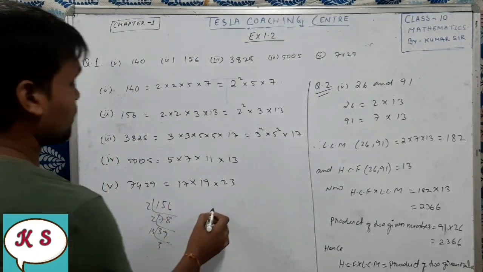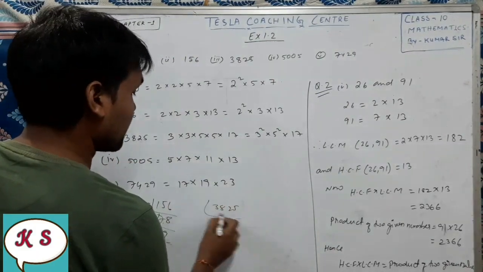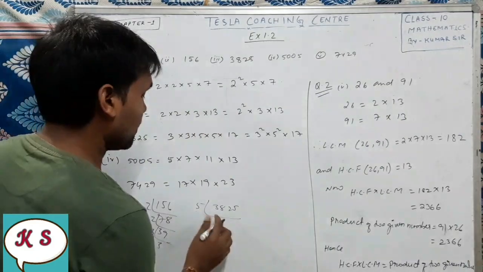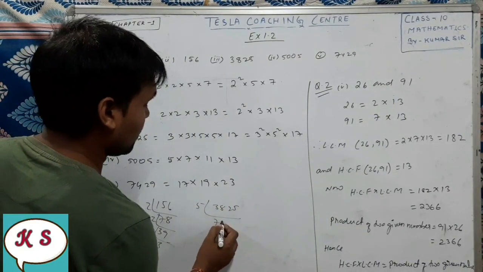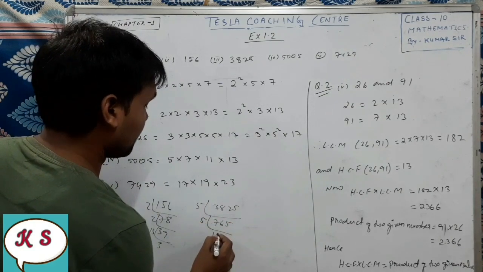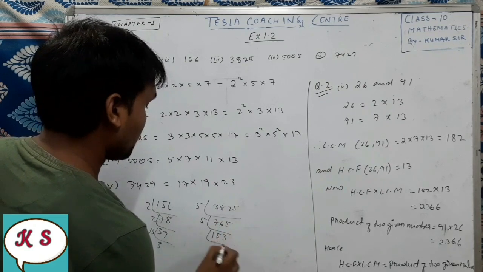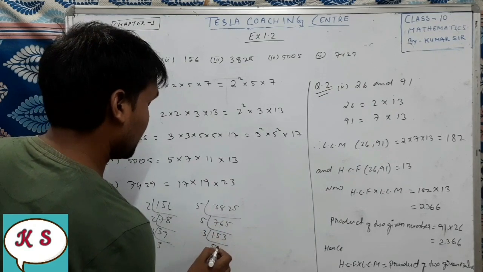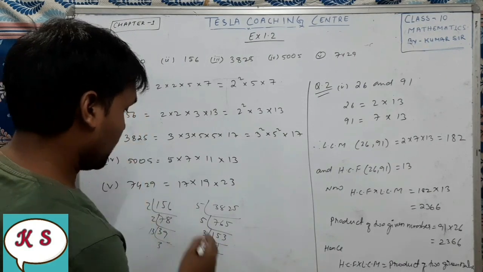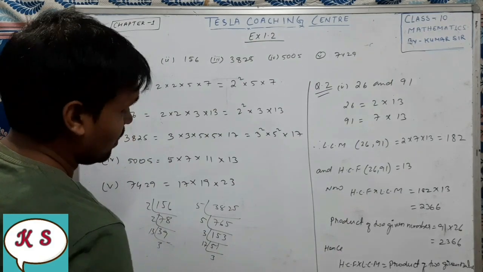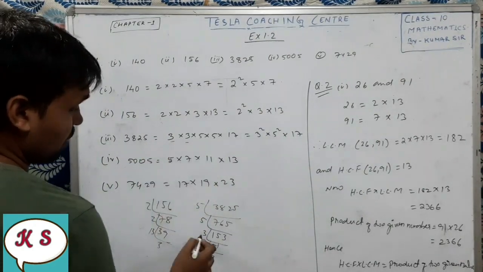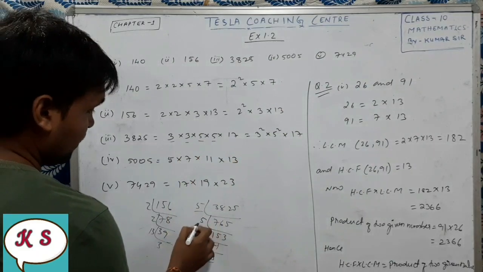Similarly for 385, if you take the LCM, then 5 is at the last, so it will definitely be divisible by 5. So 385 divided by 5 gives 77, then by 7 gives 11. Then for the next number, it will again go by 5, then by 5 again, then by 3, then by 3, and finally by 17. So we have written 3 into 3, 5 into 5, into 17.